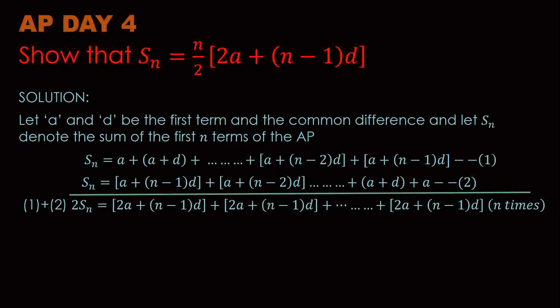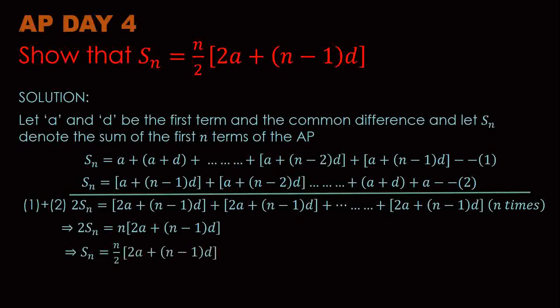I'm not sure how many of you will understand this, so let's proceed. So 2Sn equal to n into 2a plus n minus 1d. So Sn equal to n by 2 into 2a plus n minus 1d.